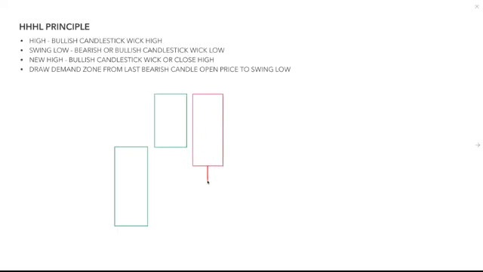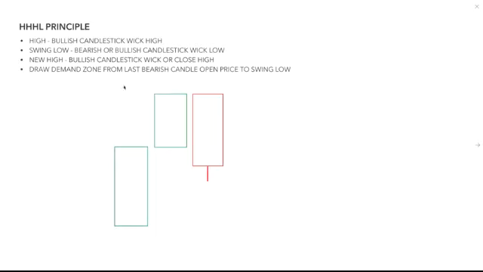First of all, for prices to create a high, it needs a new high, could be 2 candles, and then we want there to be a swing low, a bearish or bullish candle wick low. So what we're looking for is some sort of bearish candle, and the potential wick like that.